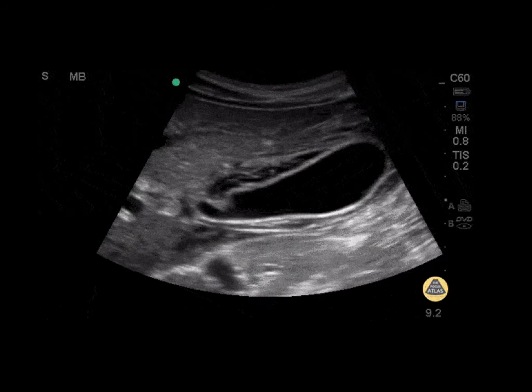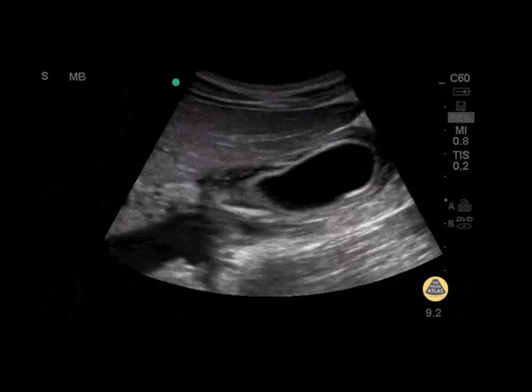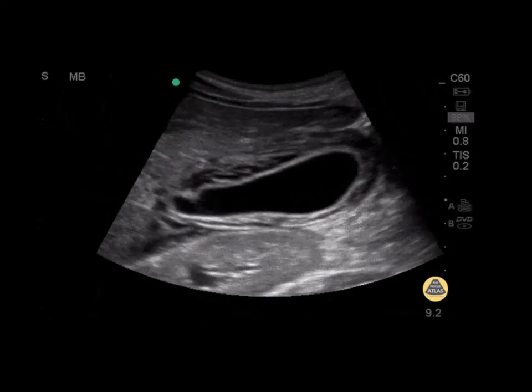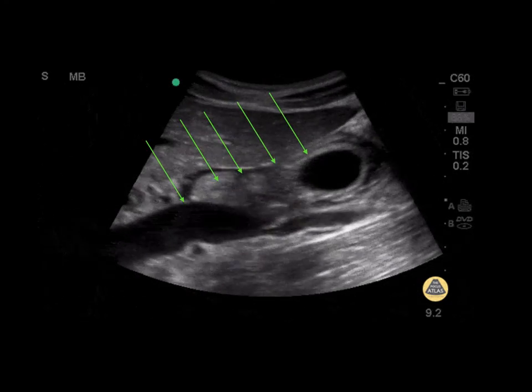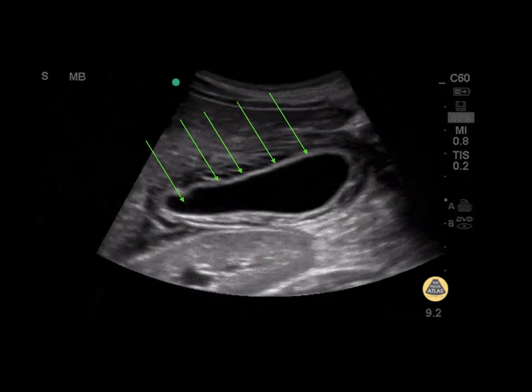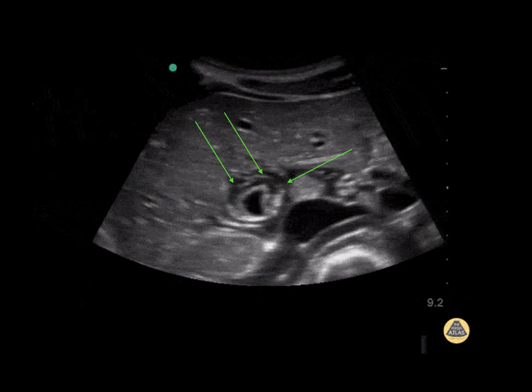Here's another example of a longitudinal gallbladder with pericholecystic fluid. It appears thickened as well. And here's an example of a transverse gallbladder with some pericholecystic fluid.